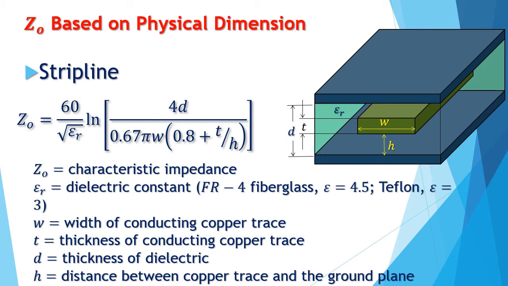Usually, the copper trace is placed such that it will have an equal distance between the two ground planes. So H can be taken from any of the ground plane to the copper trace.